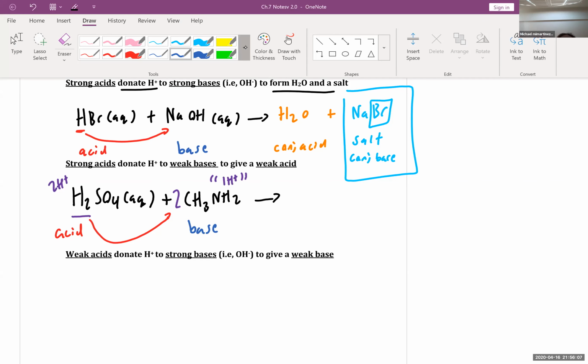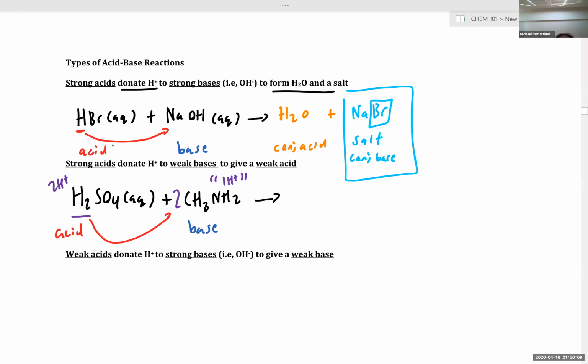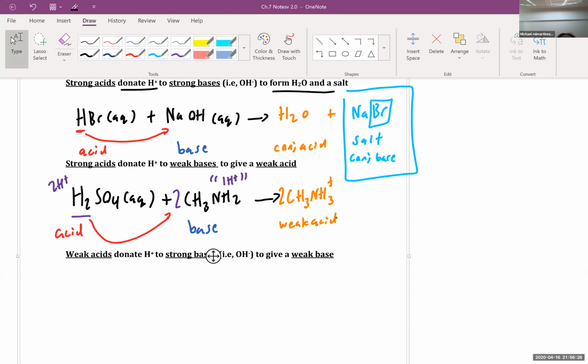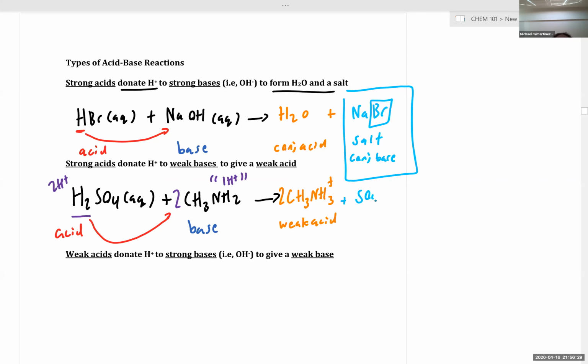And in turn, at the end of this process, we will generate a weak acid and a weak base. So strong acids and strong bases react to generate weak acids and weak bases.